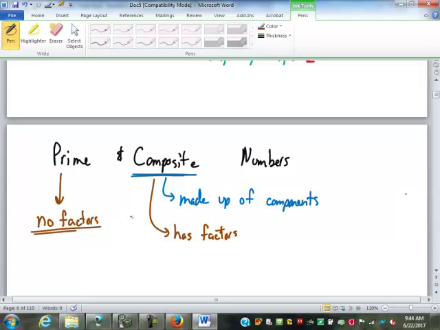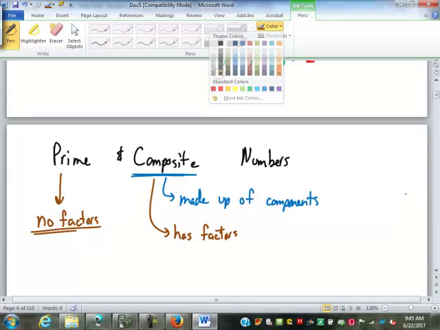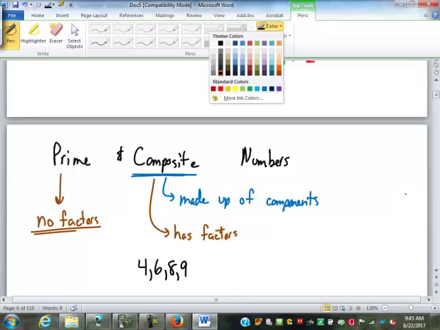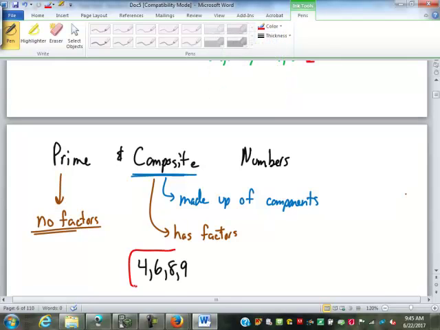And those aren't factors, remember. So the reason we didn't really need divisibility rules for like 4, 6, 8, and 9, although we had divisibility rules for all of them, is that they are composite numbers. They're made up of smaller numbers.